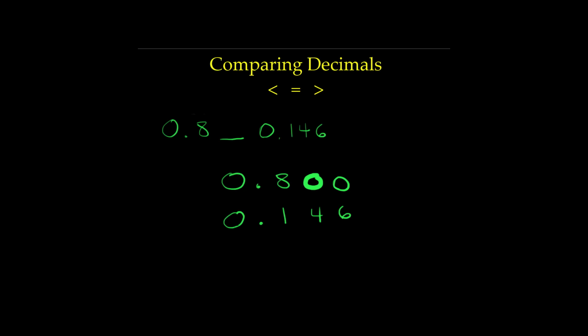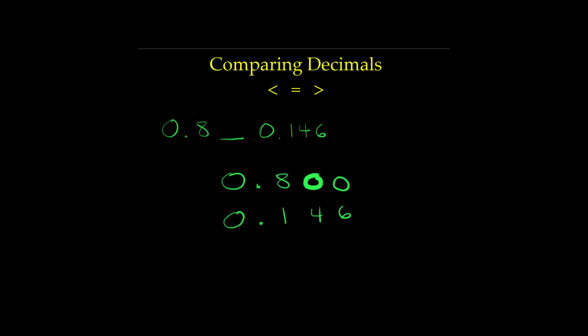In this case, wholes are the same, decimals the same. Even though we only have one number, 8/10 is the same as 800 thousandths. So 8/10 is greater than 1/10. Just because it only has 2 numbers here, the value of those numbers compared to the value of the first number on the right, the 0 and 8/10 is greater than the 0 and 1/10.